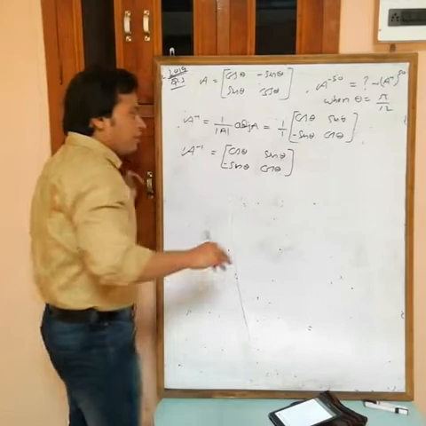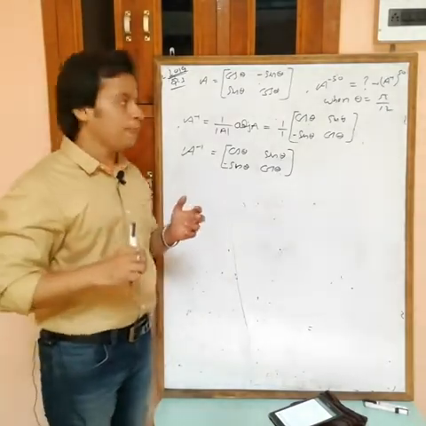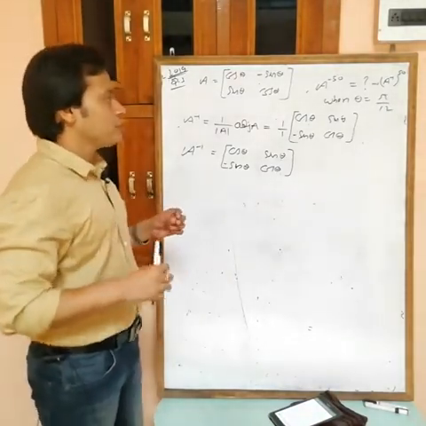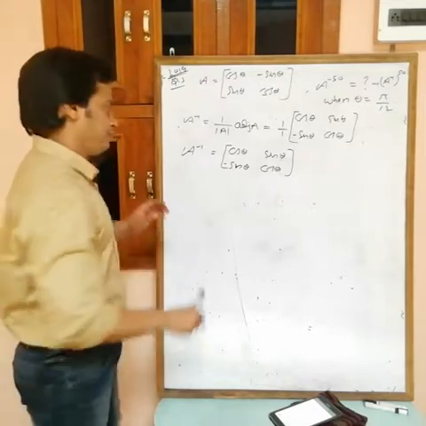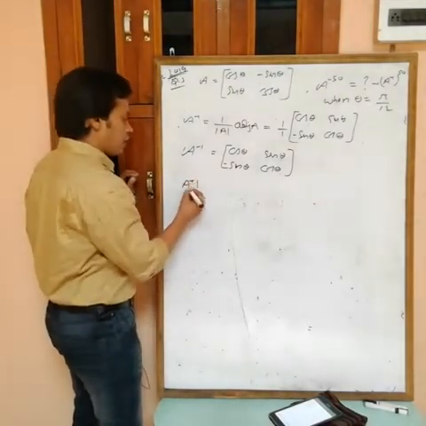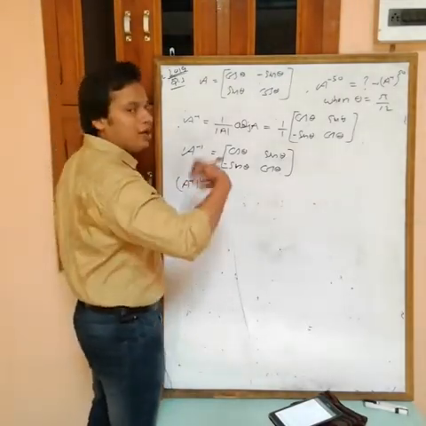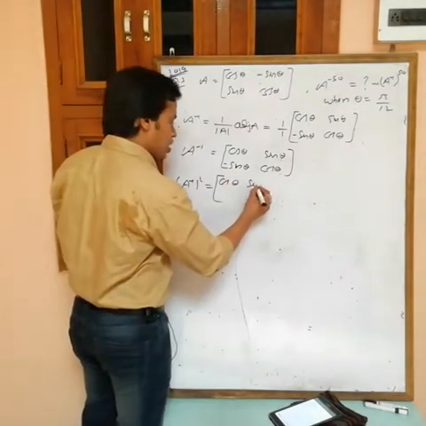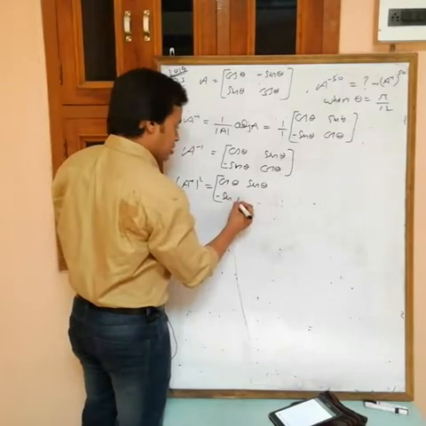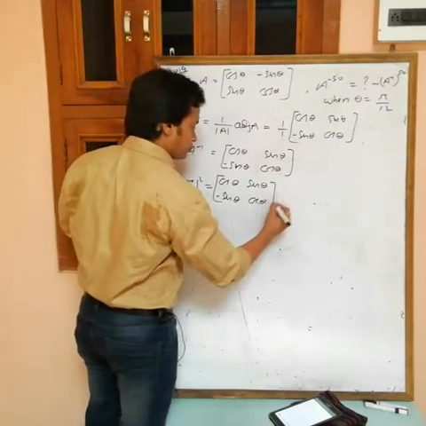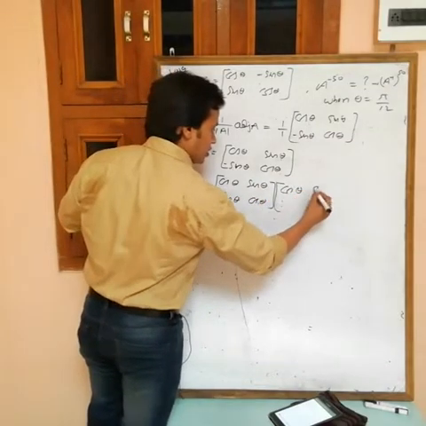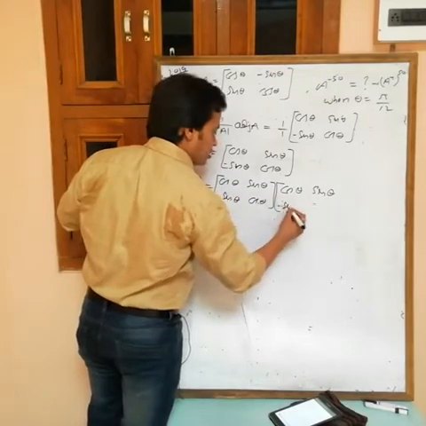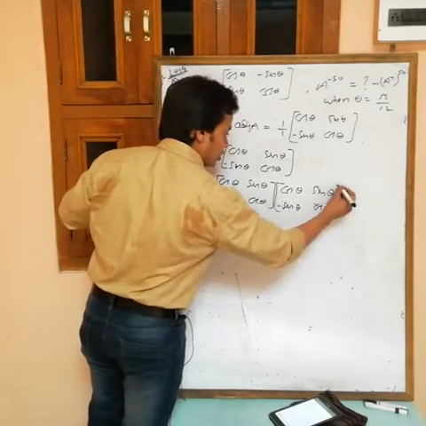Here you want A inverse power 50. First find A inverse power 2. A inverse power 2 is A inverse into A inverse. So A inverse is cos theta, sin theta, minus sin theta, cos theta, multiplied by cos theta, sin theta, minus sin theta, cos theta.